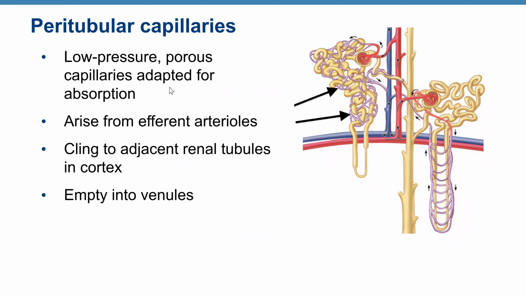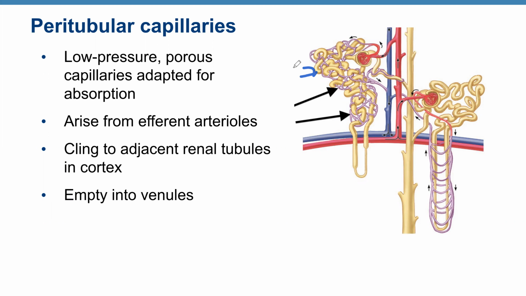Peritubular capillaries. Now, how do peritubular capillaries form? So when our afferent arteriole enters the capsule, it forms the glomerulus, then the capillaries unite, making the efferent arteriole, then the efferent arteriole splits again into capillaries. When we have two capillary beds in a row, we call it a portal system. So in your kidneys, you have portal systems. We split into capillaries twice.